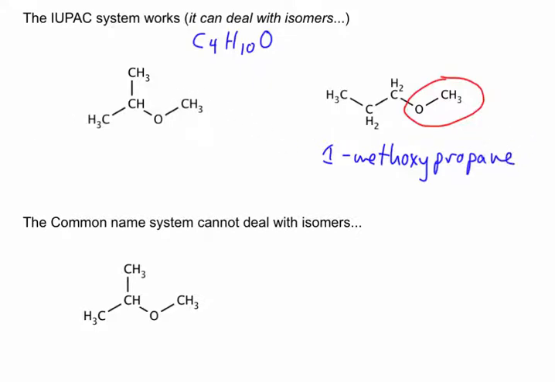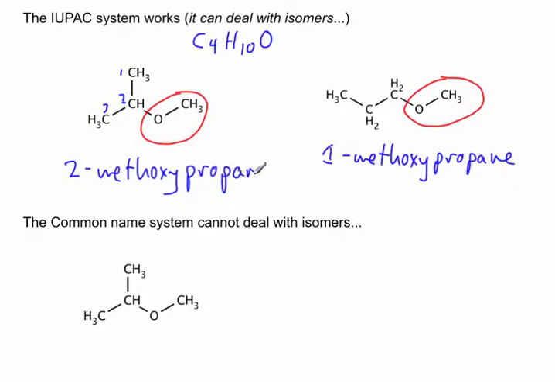And this other isomer, here's our methoxy branch, but it's on carbon 2. If we number those, there's carbon 2. The IUPAC system allows us to deal with that because this just becomes 2-methoxypropane. And so the system deals with isomerism.